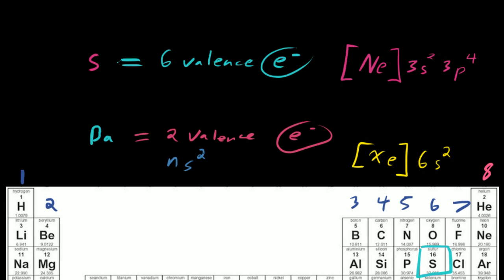So therefore, you can see that the greatest principal quantum number in this example is 3, and the number of electrons that we have that have that principal quantum number is 6, because 2 plus 4 is equal to 6. So that is how many valence electrons sulfur has. In the next few videos, I'll just keep doing a few more examples. So thanks for watching.